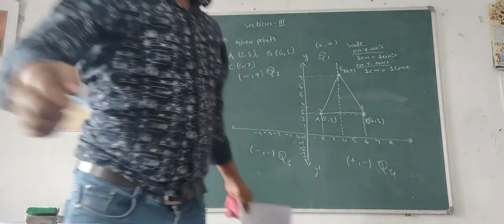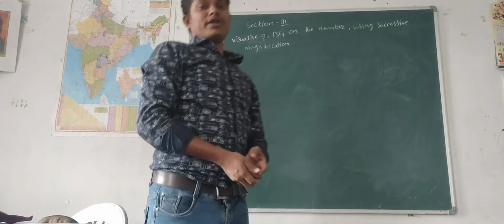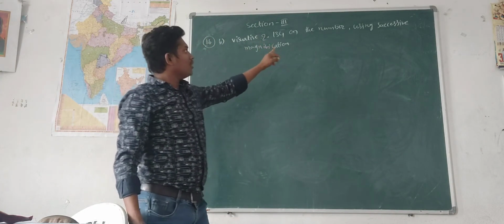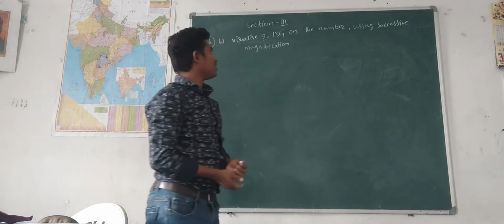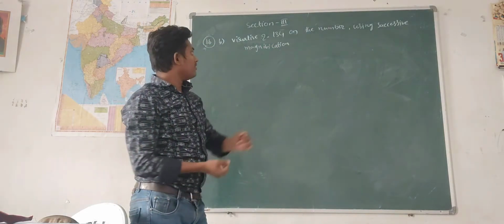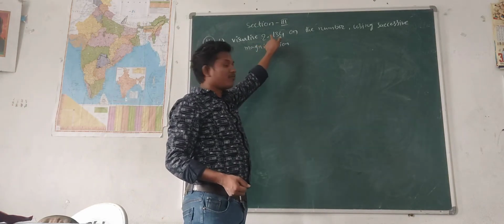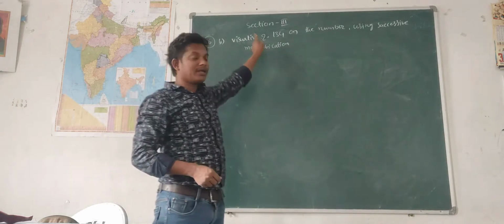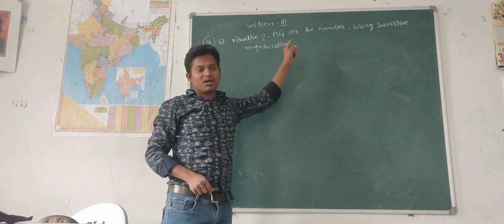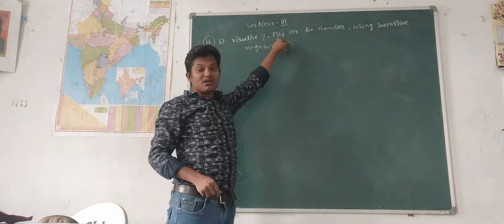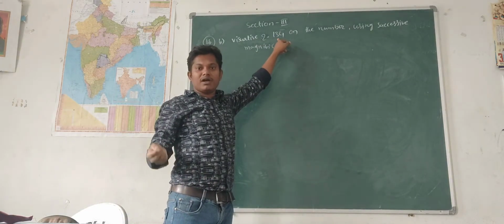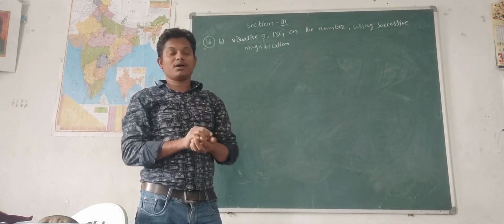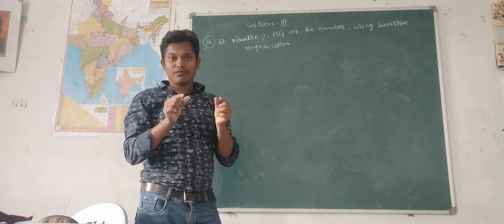16th question B. Next one: visualize 2.134 bar on the number line using successive magnification. This is a very small value, 2.134 bar. We can easily find up to 2 on the number line, but 2.13 and 2.134 are very small values.